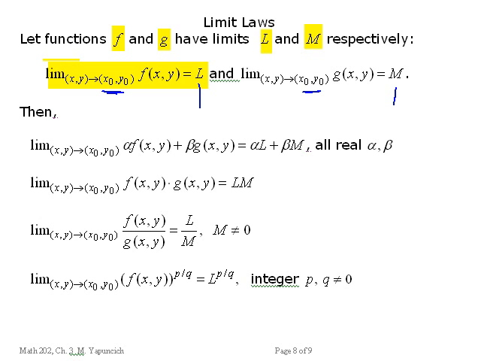Sometimes in the book, they write a limit law for the addition of the functions, a limit law for the difference of the functions, and a limit law where the function is multiplied by a scalar. It's more common to write all these as one statement, because that's a statement of linearity.